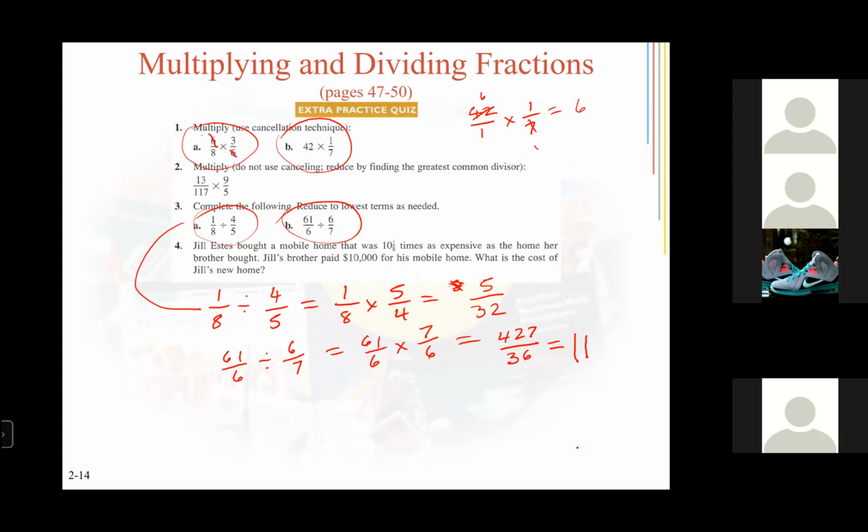So 11, 86, remaining 11.86. Oh, no, we want it as a fraction. You divide it fully. It's going to be something over 36.